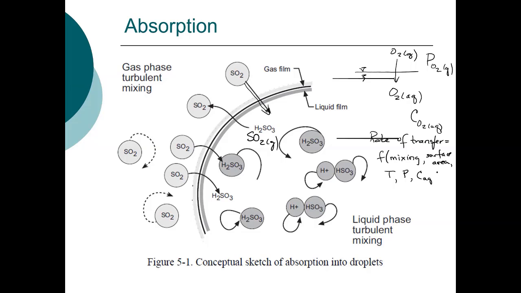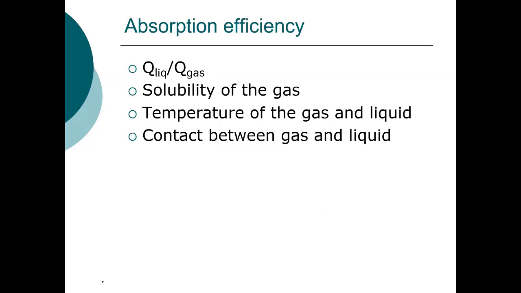So those are important factors, and we need to consider those factors when we're thinking about the design of these absorption systems. So in terms of designing these, we have some parameters that we don't have as much control over in a natural environment like the Red Cedar. We can control the ratio of the liquid flow rate to the gas flow rate.